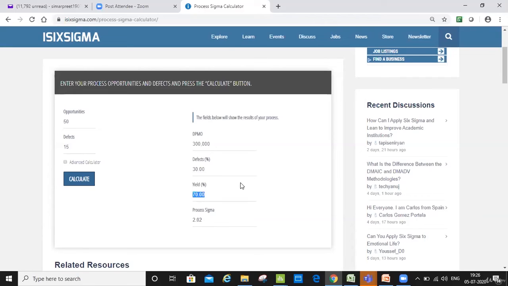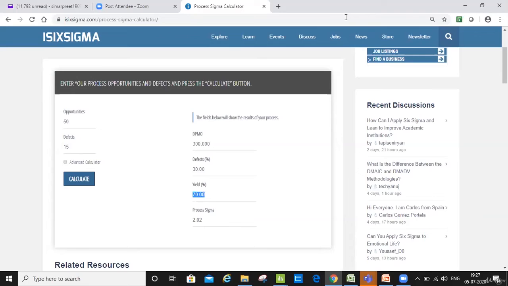Okay, so this is what this tool tells you, what your current sigma level is. So we will calculate the sigma level at two places. One in the measure phase, where we look at the current scenario that we have, and we also do it in the improve phase, once the solutions are deployed, once everything is improved.